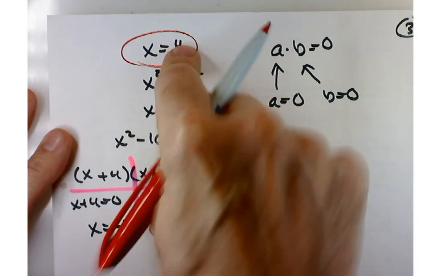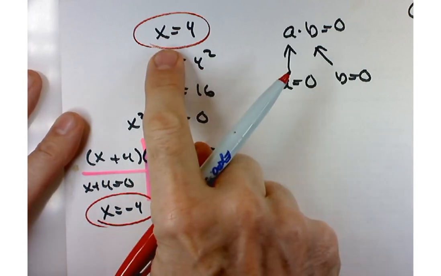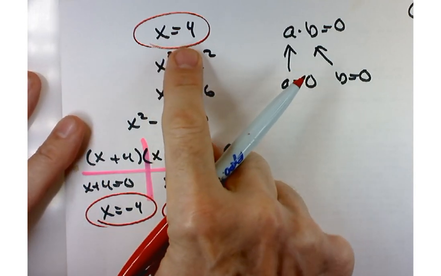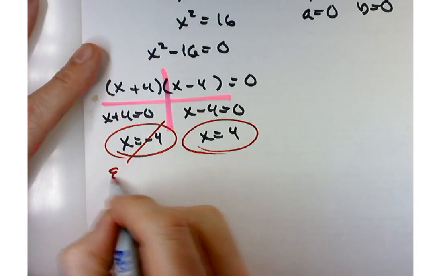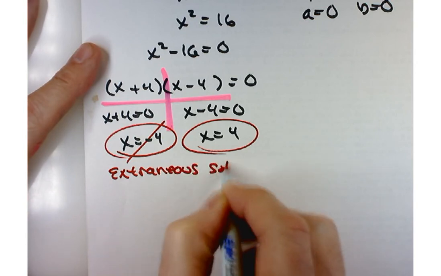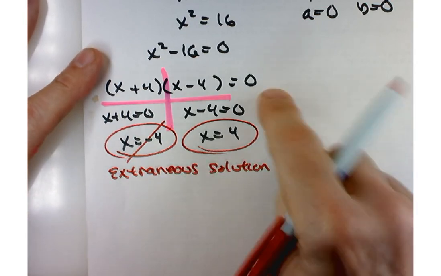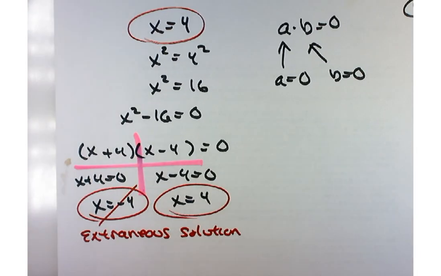So that's fine, x equals 4 works. But does negative 4 work? Does negative 4 equal 4? No. This is what's called an extraneous solution. It's a solution to the quadratic equation that we ended up with, but it doesn't solve the original problem.